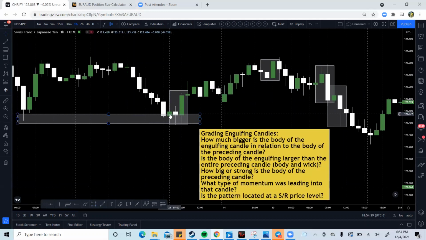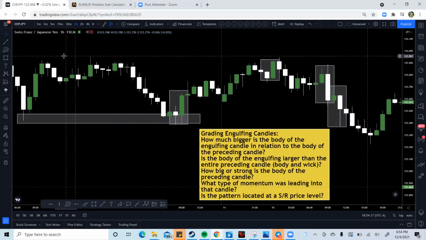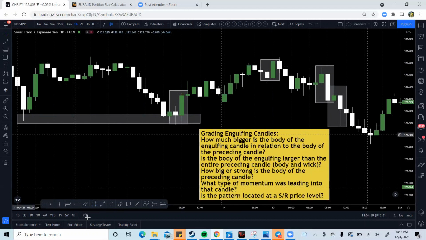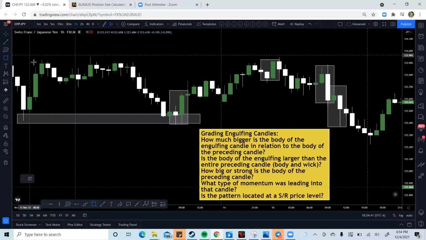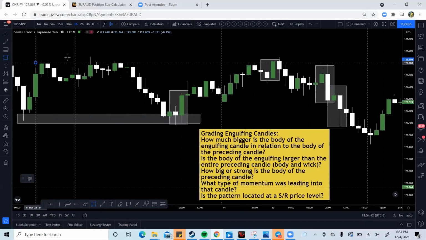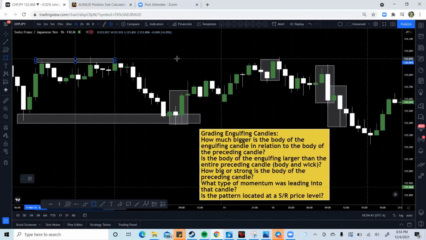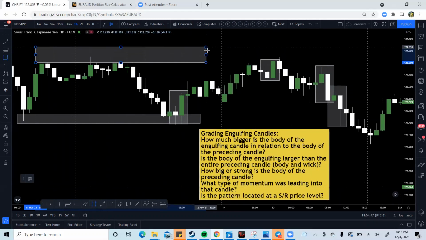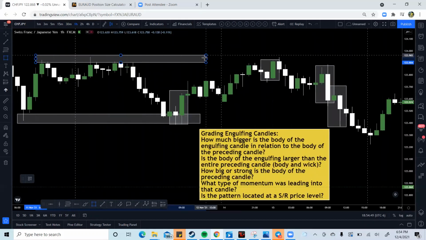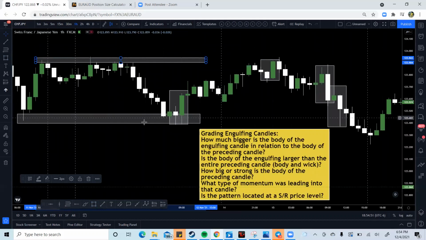But it was located at a support level. Support just simply means the floor price, where price finds support, and resistance means where price reaches a top or a ceiling. So just as a 30-second lesson, this would be a resistance point. And that would be a support point.